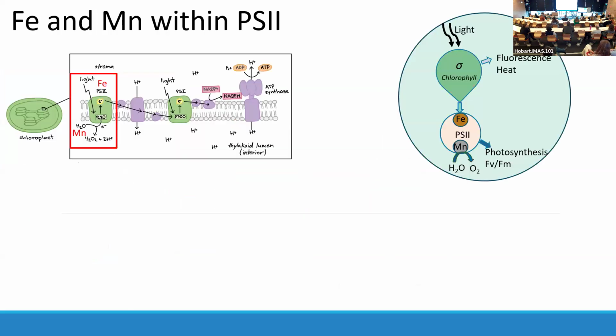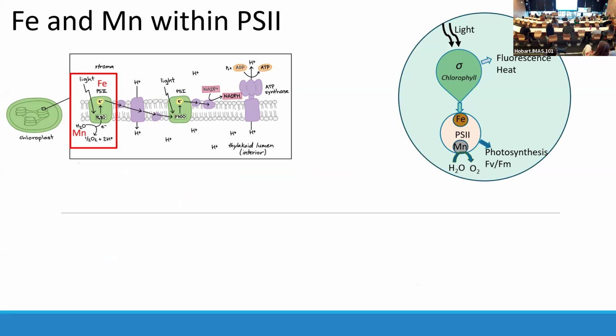Now, if we focus a bit more on this left part of the schematic, looking at photosystem 2, whose role is to provide electrons for the rest of the photosynthesis steps, you can look at this schematic that I did on the right. It's an even more oversimplified schematic of this already simplified schematic.